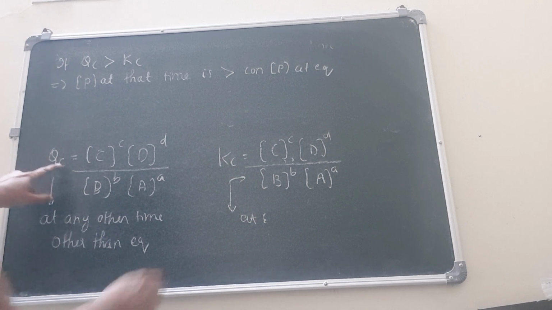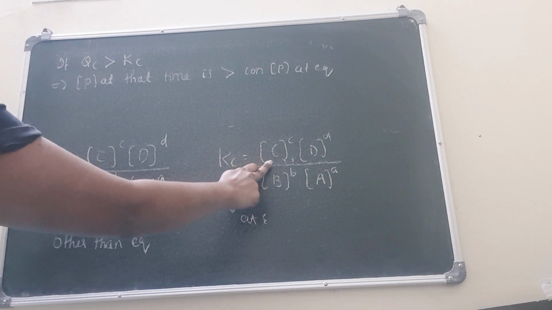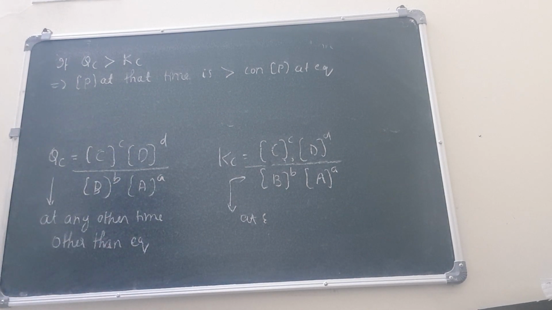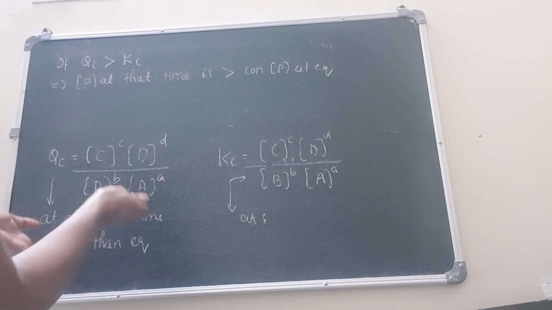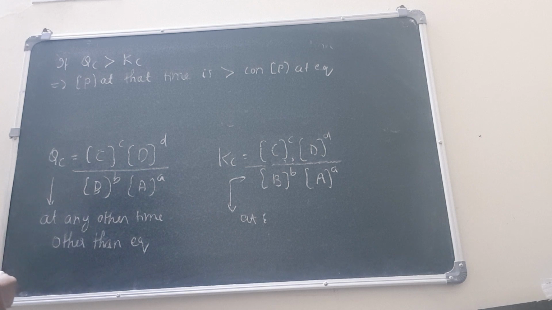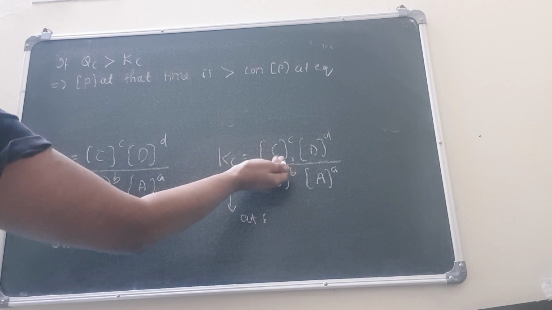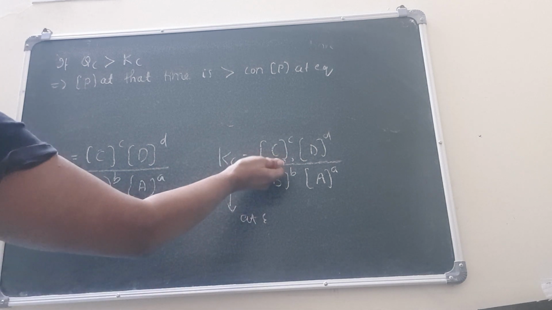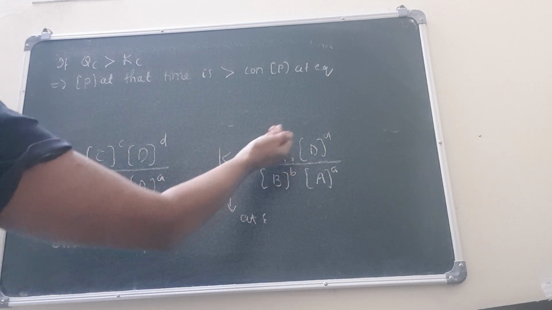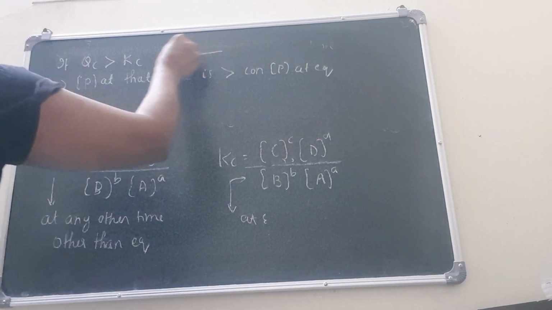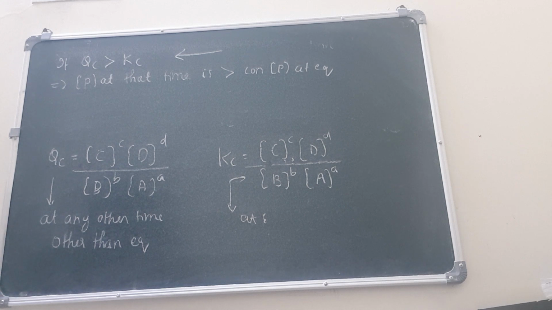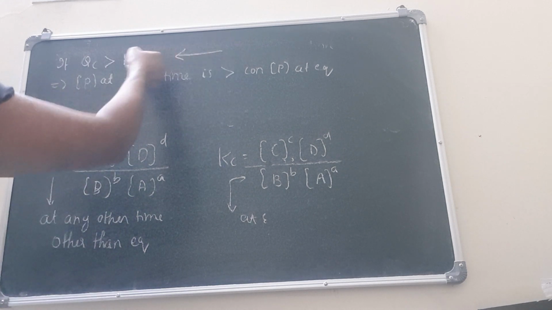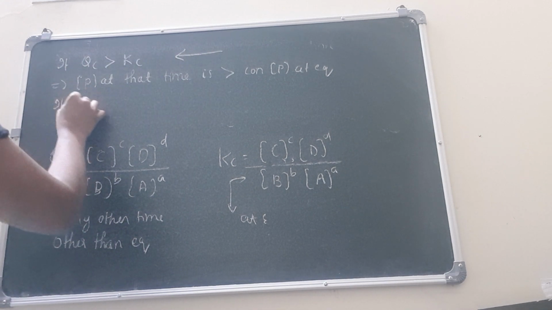Kc has some fixed value. If more product is formed than should be present at equilibrium, the reaction has to go in the backward direction. So as a simple rule, if Qc is greater than Kc, it is in the backward direction.